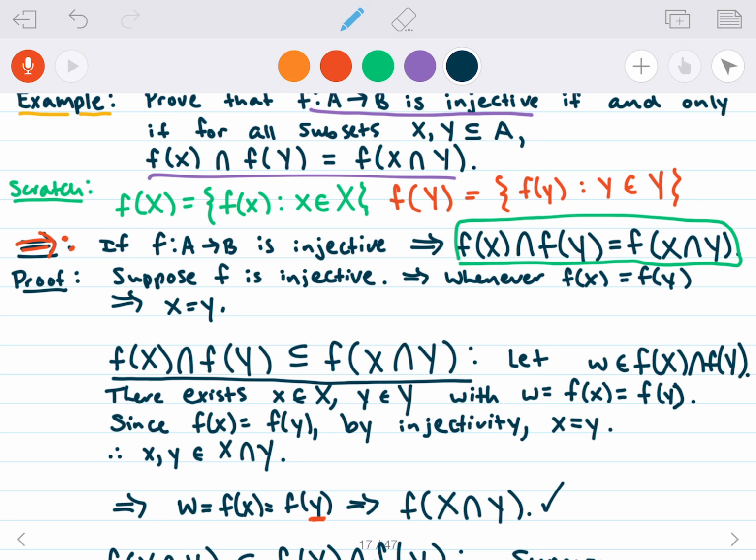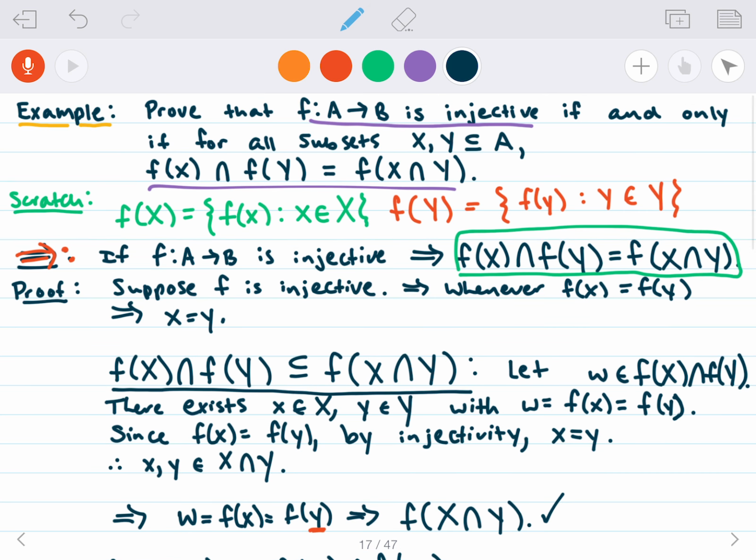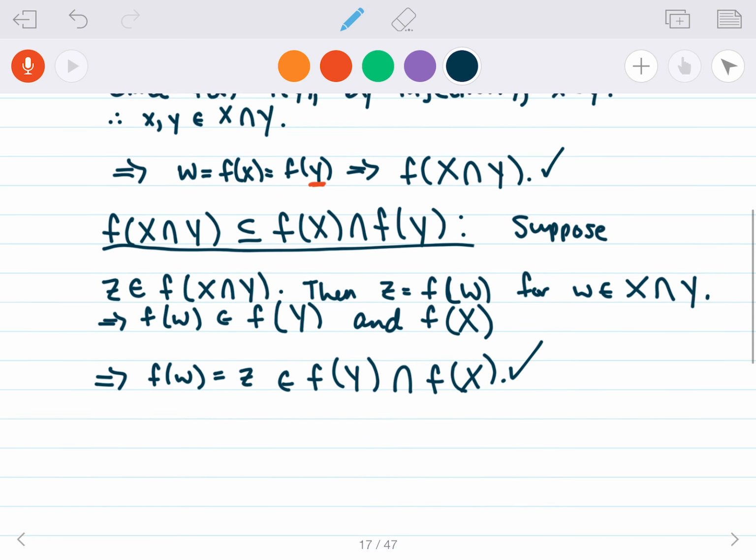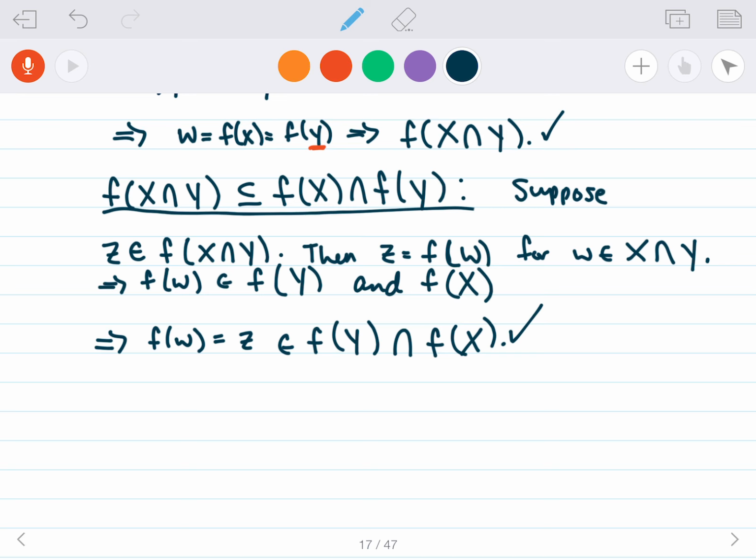Okay, so now we need to show the other direction. We need to show that the set equality being true shows that f is injective.